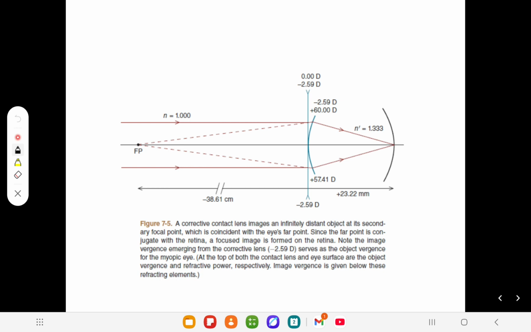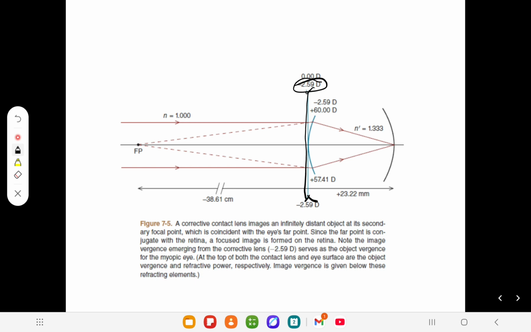I'm talking about optically. This is the basis of subjective refraction, isn't it? So basically, if this eye has a refractive error of 2.59 diopter, then we put 2.59 diopter power in front of the eye, let's say in contact lens form.